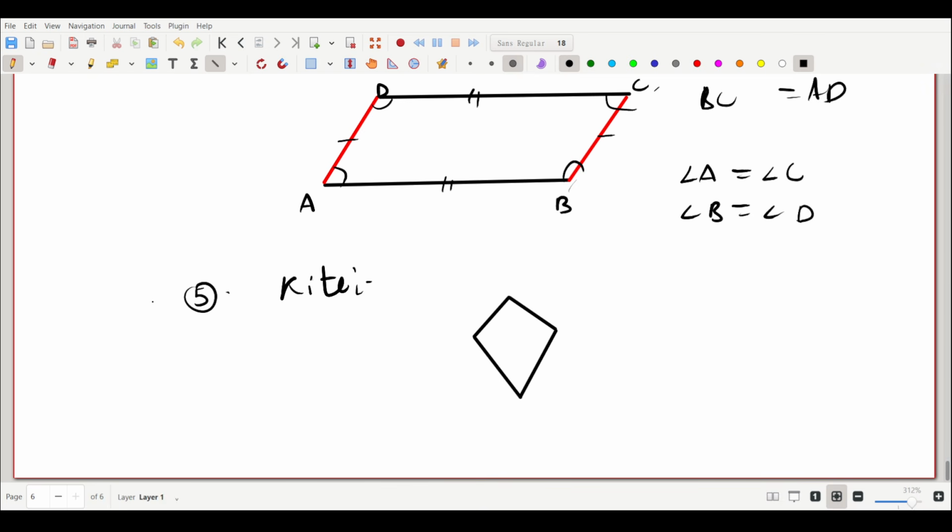Adjacent means touching each other, the neighboring ones. So this is the point of contact of these two. If this is AB and this is BC, then AB equals BC in a kite. And AD equals CD. Adjacent sides are equal in a kite.